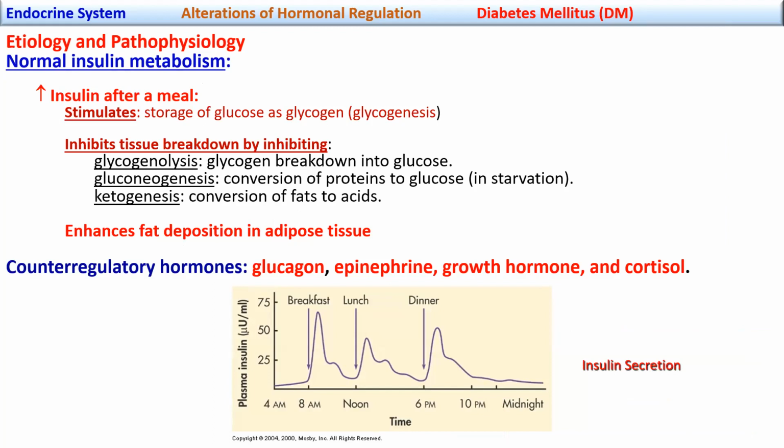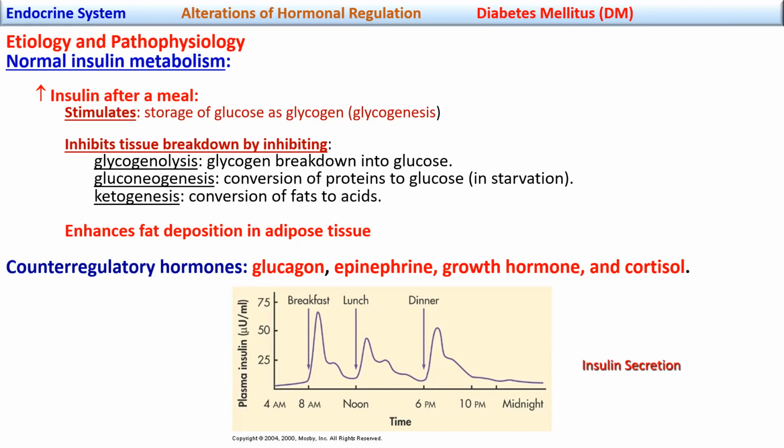Insulin has multiple functions, not just stimulating the storage of glucose as glycogen, but it also inhibits tissue breakdown by inhibiting glycogenolysis, gluconeogenesis, and ketogenesis.